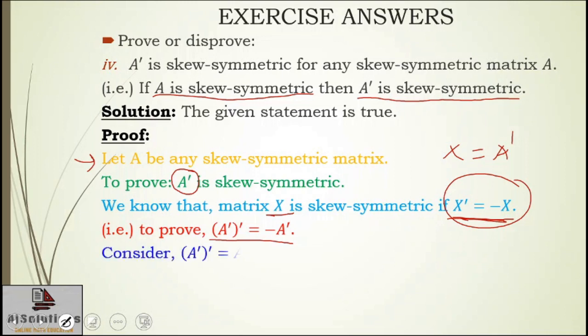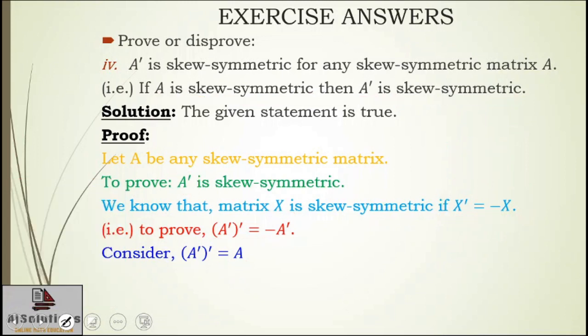If you consider the LHS, you can see the LHS is double transpose of the matrix, and by property number 1 of transpose, double transpose equals the original matrix, so you get equals A. After that, you have to compare the thing which you want and the thing which you have. So you have A but you want minus of A transpose. How to get that? The assumption will help you.